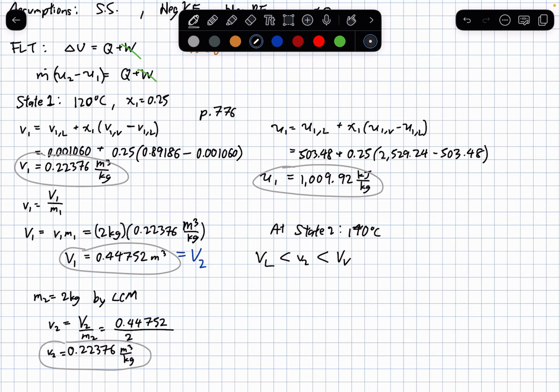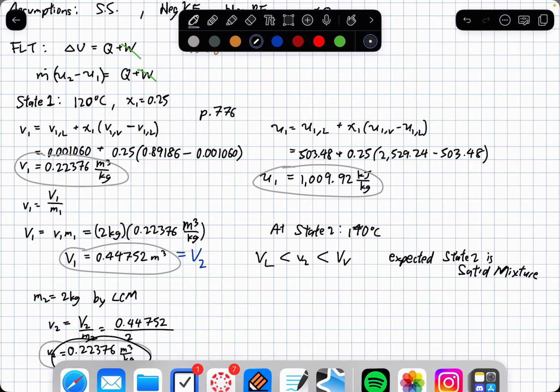So we're expecting that this is still a saturated mixture, because the specific volume 0.22376 is in between the values here, no?